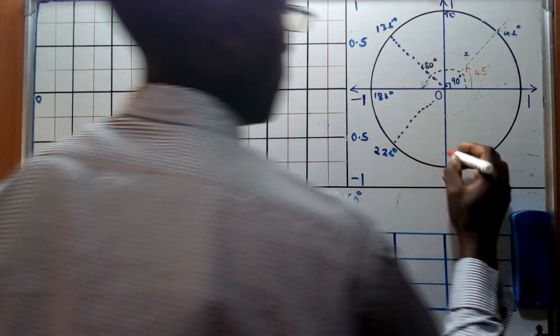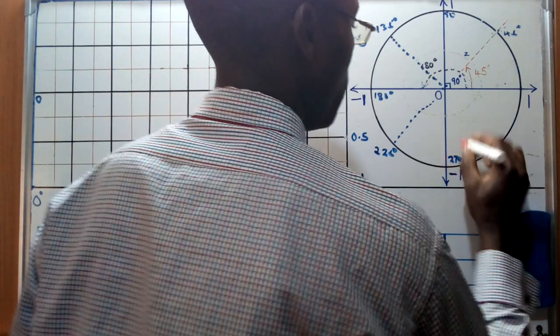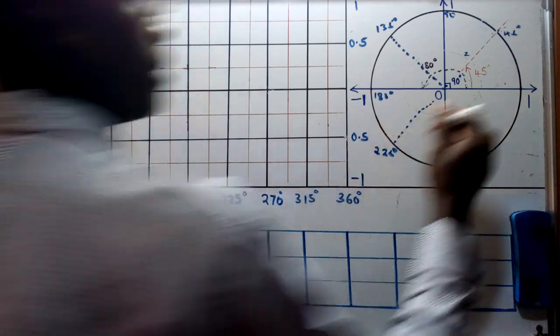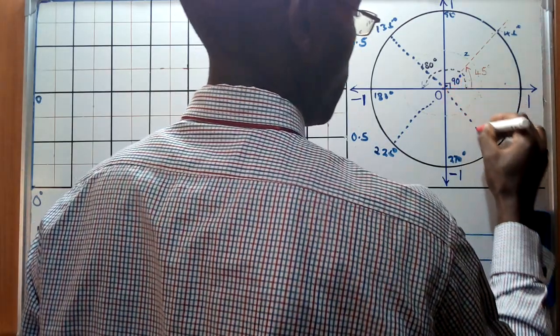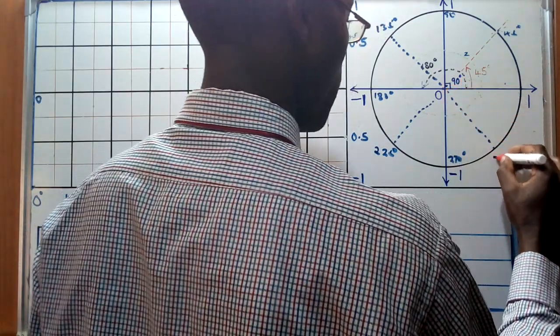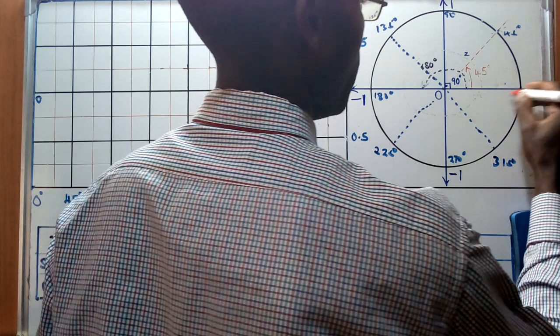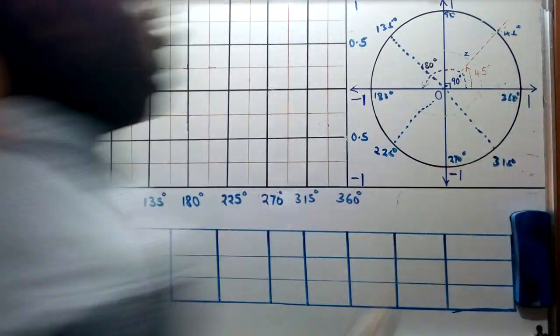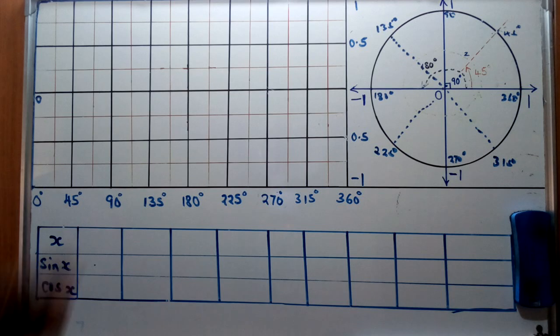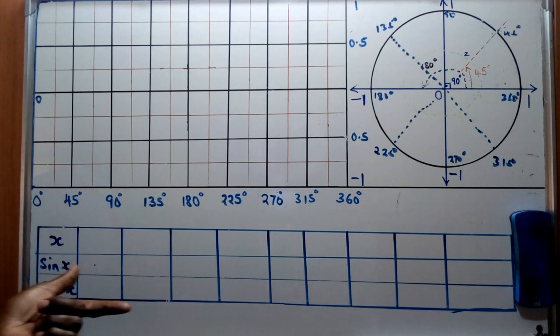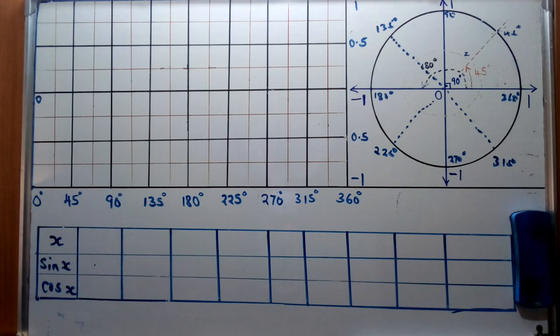And then at this specific point, we're going to have 270 degrees. And then we can just plot the remaining one for 315 degrees. And then lastly, a full cycle is going to contain 360 as illustrated above. So in that case, that is how we're going to represent that.